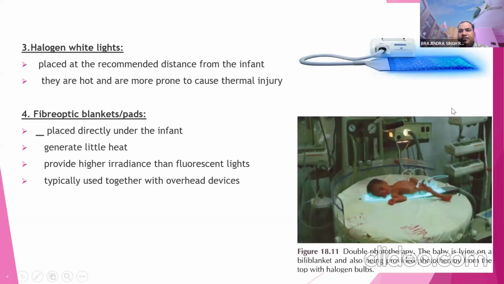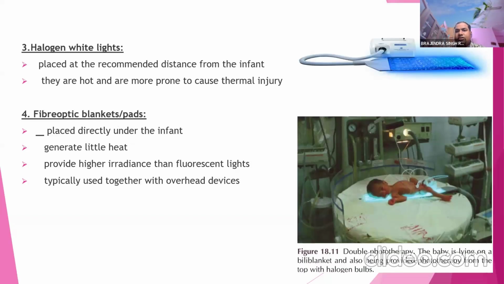This is an important thing. This is not available in the government sector: fiber optic blanket and pads. But it is important that this is near to skin, because they are not going to heat this baby too much.